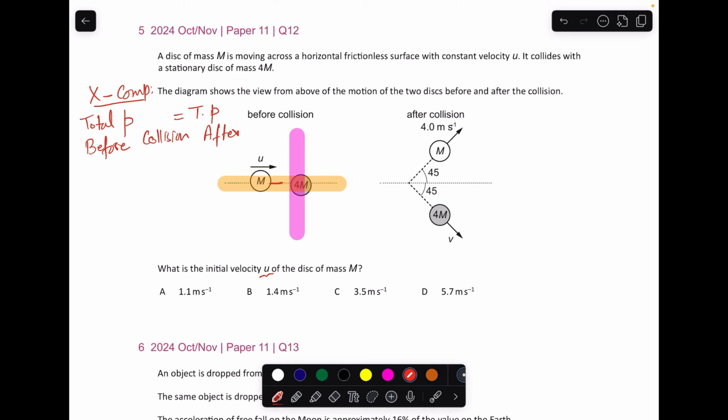Before collision, we have this capital M mass, the velocity is u, plus the second mass 4m, its velocity was 0. That is before collision, right?